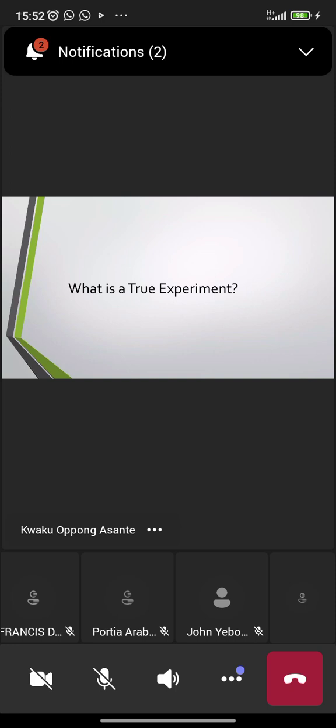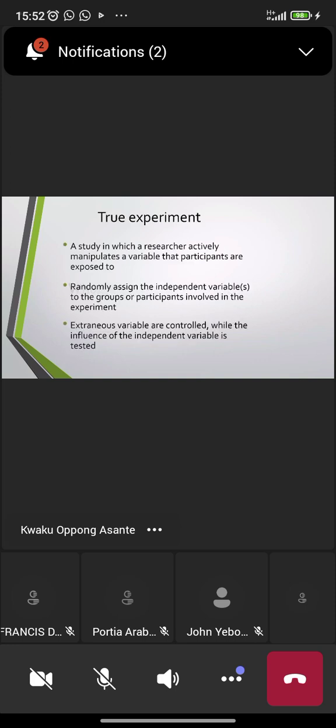All right, so if we ask ourselves what is a true experiment, I think in my earlier week's explanation, if we want to conduct an experiment, there is a need for the experimenter, or sometimes what we call the researcher.